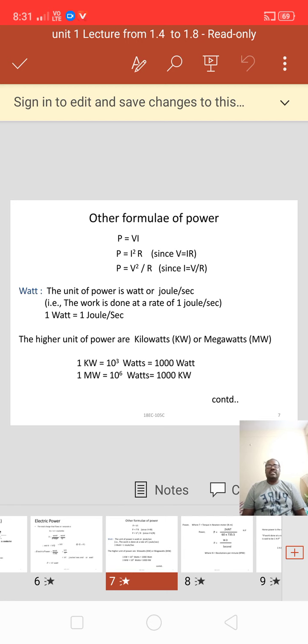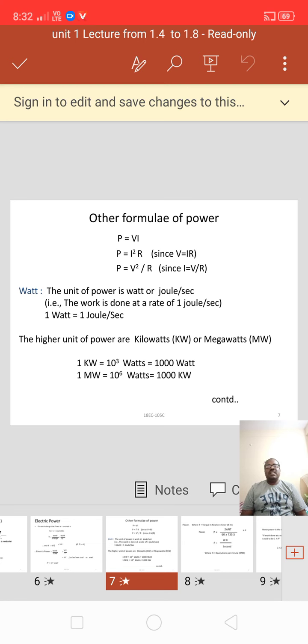Another formula is there, that is R equals V by I according to Ohm's law. That is, we take in place of R, V by I. Therefore, we place that value in the denominator of the above equation, that is P equals V square by V by I. By shuffling the equation, we get P equals V square into I by V. V gets cancelled and we again get the old formula of power, that is P equals VI.